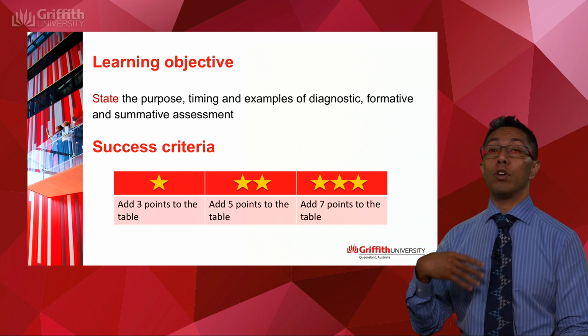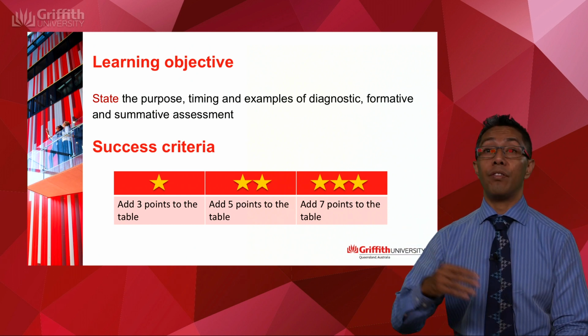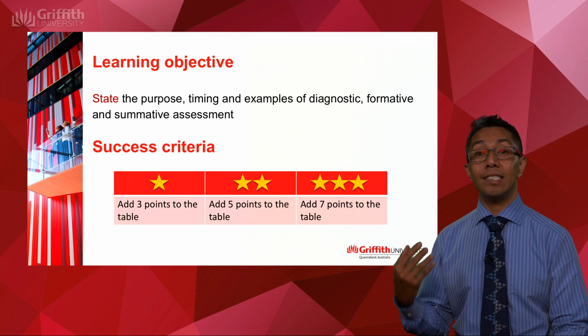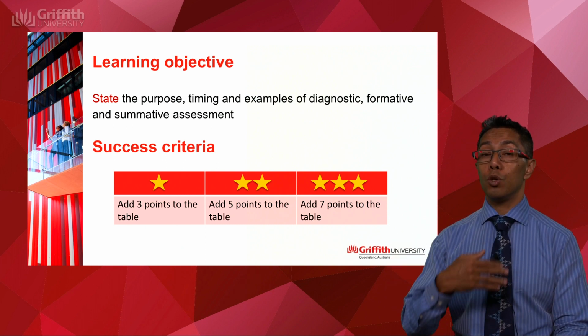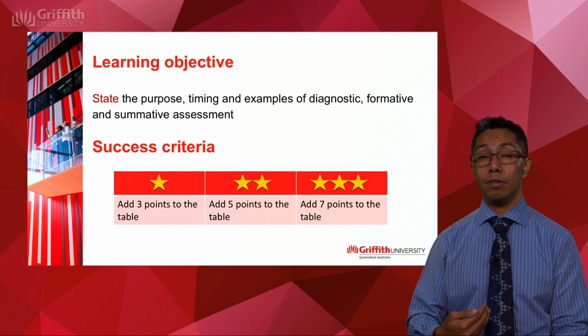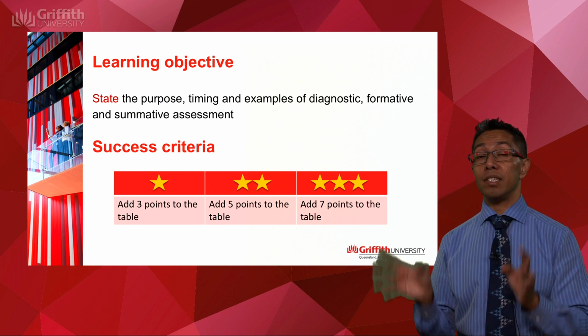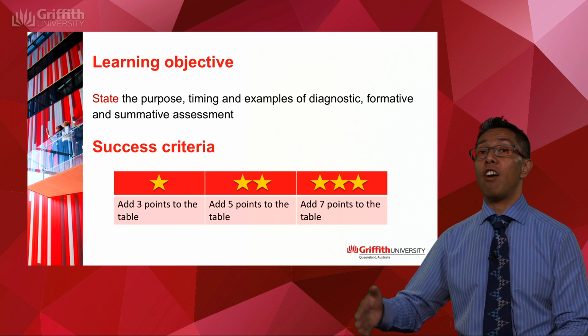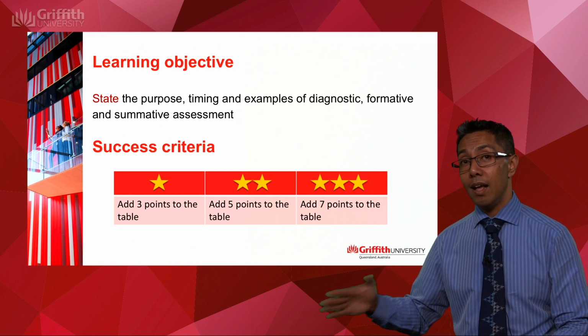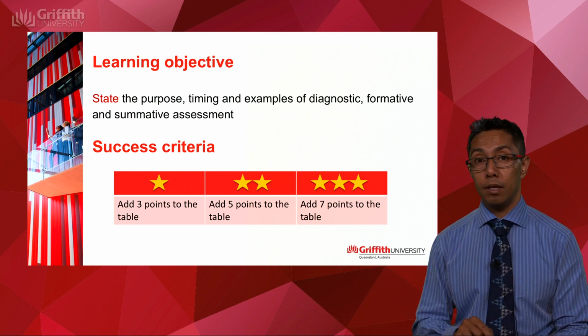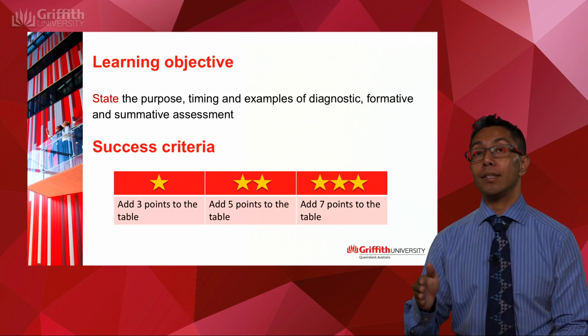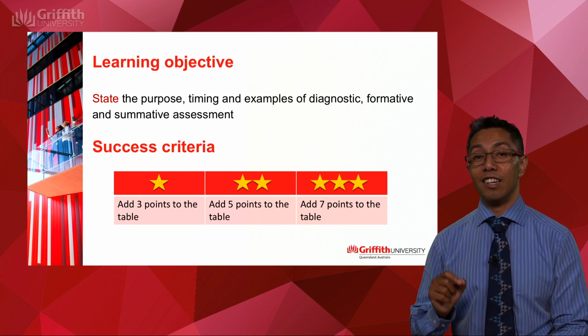If you're aiming for a 2 star, then you're going to add 5 points, and 3 star, you're going to add 7 additional points to what is already in the table. Okay, so these are dot points, and they can be anywhere in the table. So 3 points, 5 points, or 7 points. That's how you're going to determine the degree to which you are successful in this lecture.